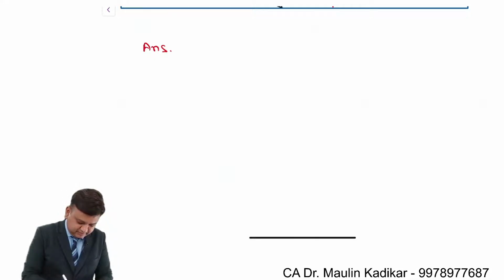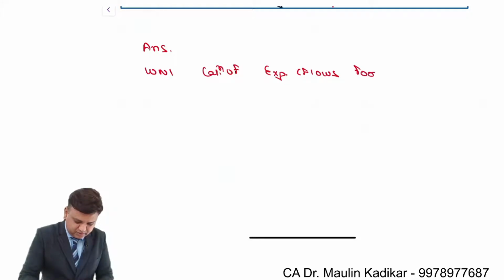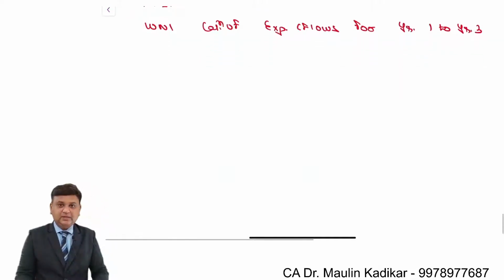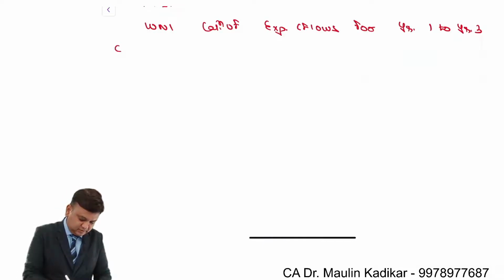Working note number 1. Calculation of expected cash flows for year 1 to year 3. This is the way we can have it. Cash flow is column number 1.